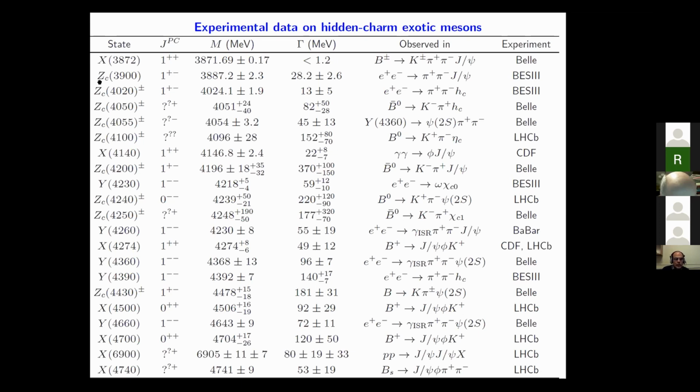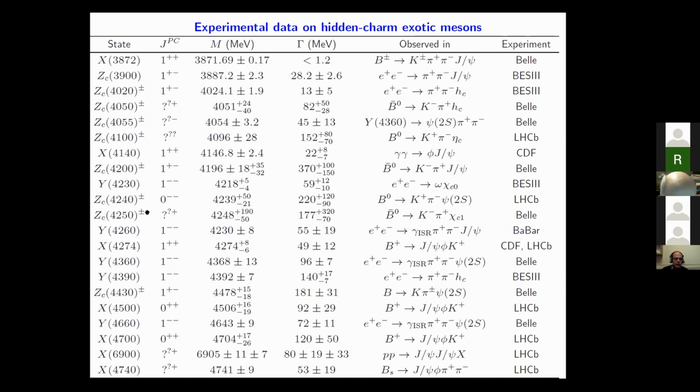As we see from this table, for some of the states the quantum numbers are known. For states such as the Y states, these quantum numbers are easily determined from the production and decay process. For other states, say X3872, a rather complicated angular analysis was necessary in order to determine all its quantum numbers. Also in this table there are the so-called Z states, which are charged.